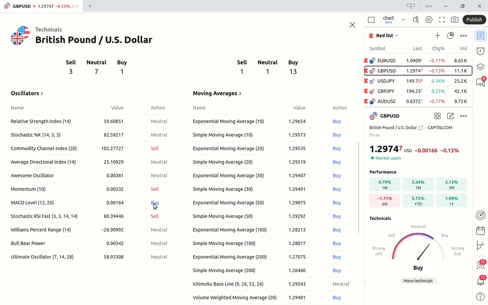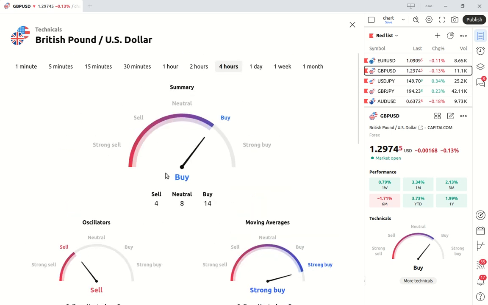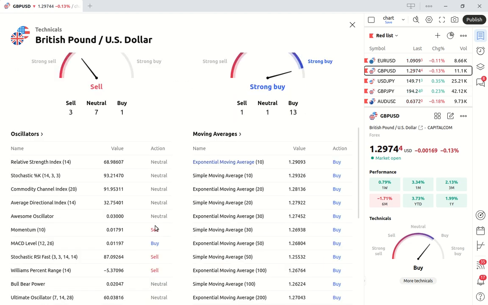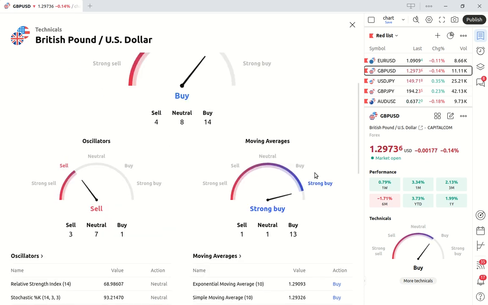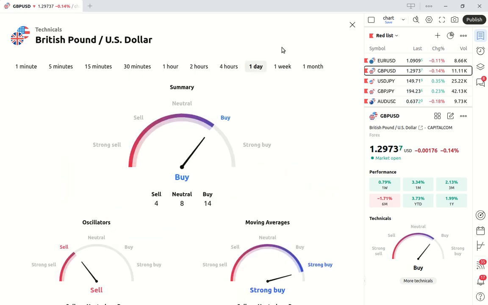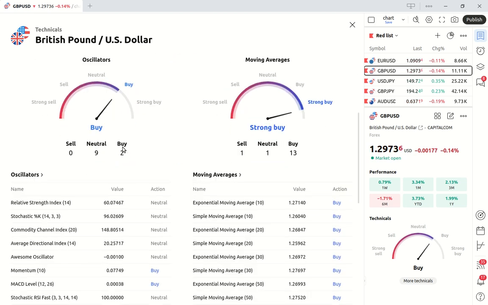Strong buy signal on the MACD with a momentum pullback, which is exactly what we're looking for on the 4 hours. Let's go to the day. We have the same situation: MACD buy signal, pullback on the momentum, strong moving average. And then finally on the week, we still have a strong moving average, strong momentum, and strong MACD.